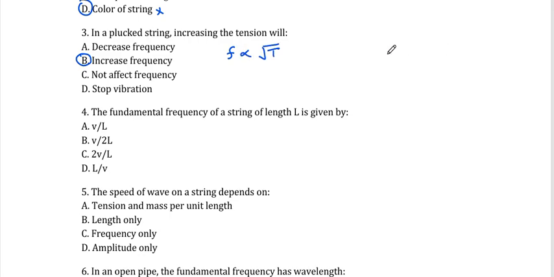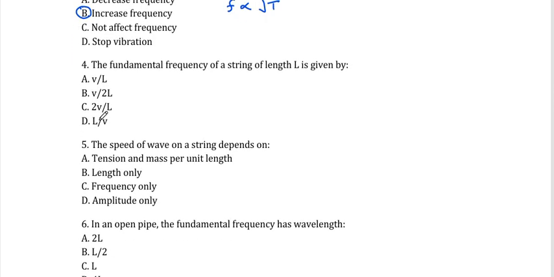Now the fourth one is the fundamental frequency of a string of length L is given as. The answer is that the fundamental frequency is equal to V over 2L. I already mentioned that earlier.